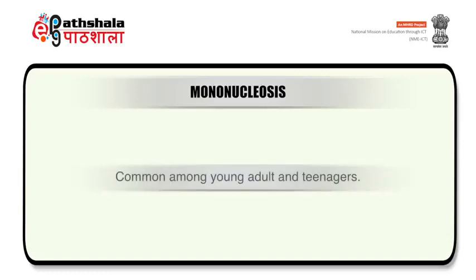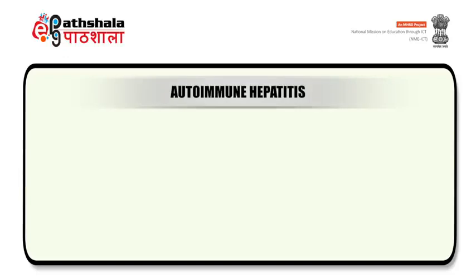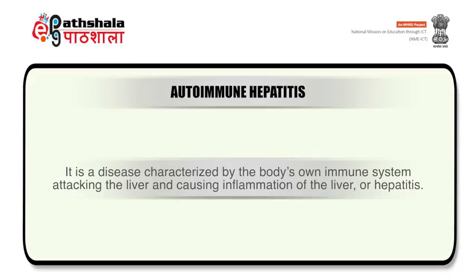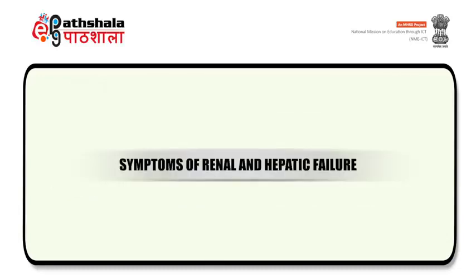The disease is most common among teenagers and young adults. Last factor was autoimmune hepatitis. Autoimmune hepatitis is a disease characterized by the body's own immune system attacking the liver and causing inflammation of the liver, or hepatitis. Next are the symptoms of renal and hepatic failure.